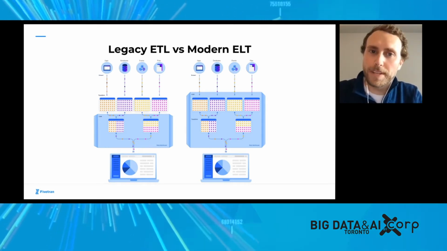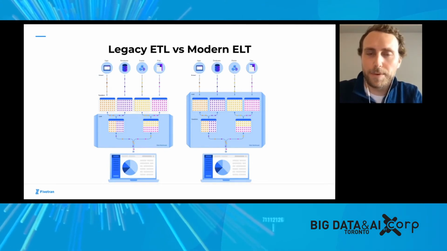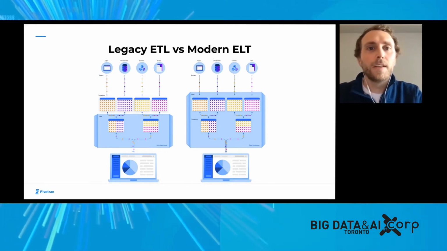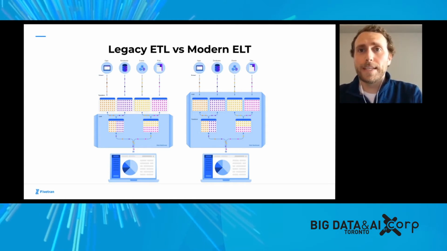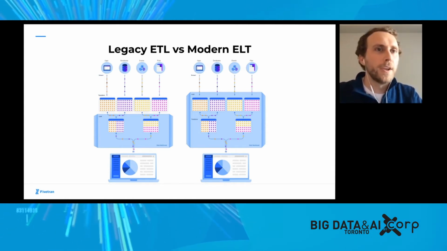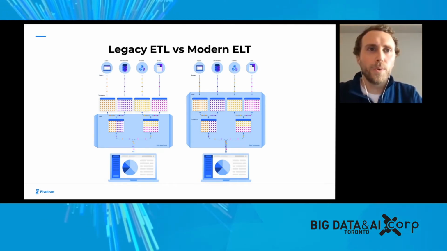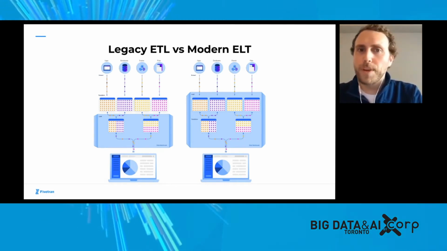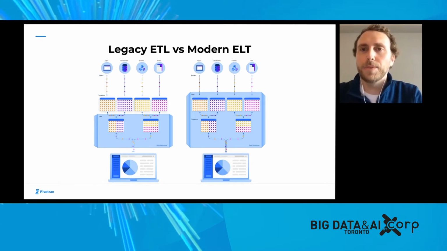Whereas with the modern cloud data warehouse, you can do full schema replication of your data, load all of your raw underlying data into your cloud data warehouse without having to worry about trimming that data down or pre-modeling and aggregating it just so it'll fit.